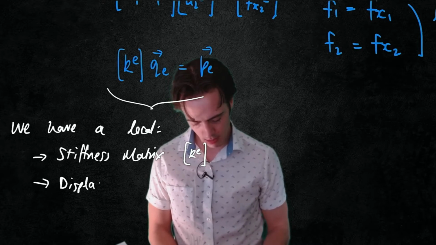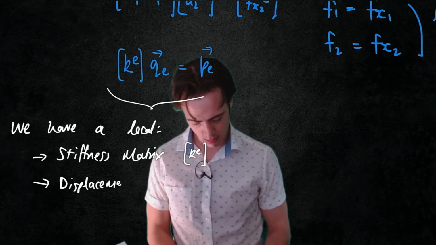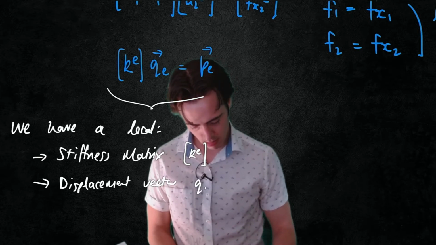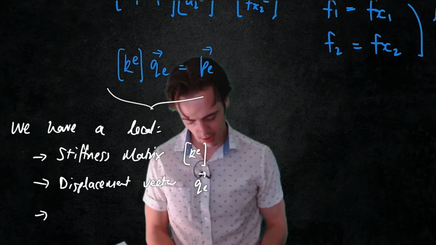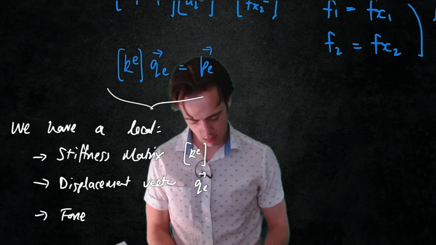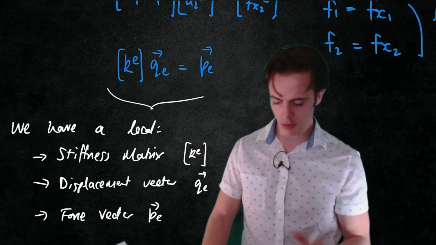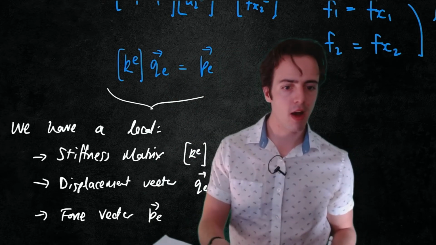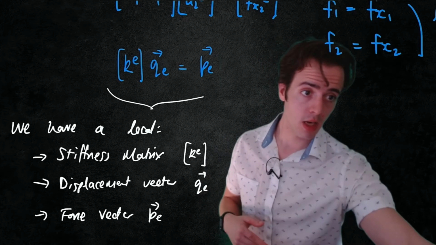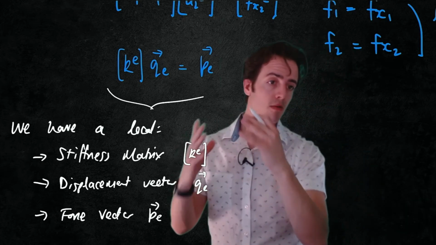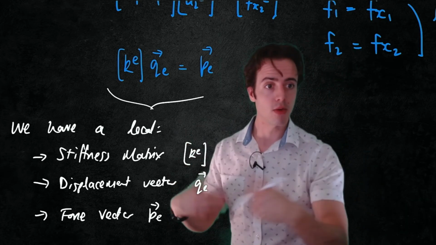Displacement vector. And then a force vector. And the reason that we have them all as local is because these local relationships are what define the constitutive relationship that enables us to relate stress to strain using Hooke's law.